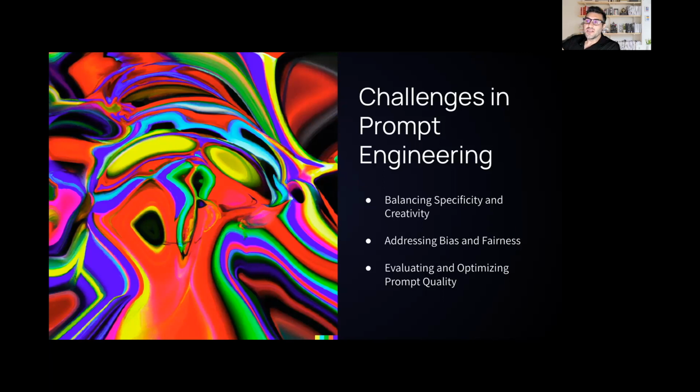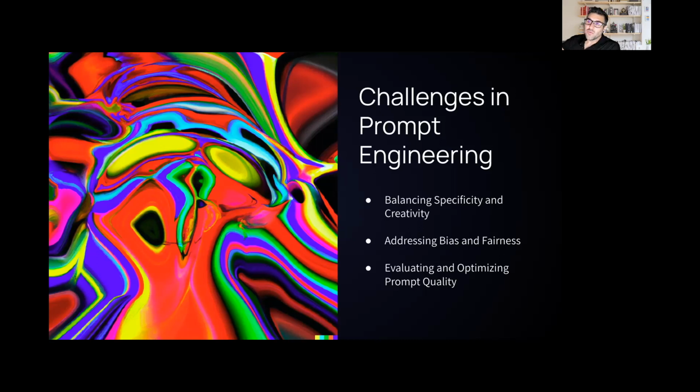Also, the challenge is addressing biases and fairness. Remember, ChatGPT is trained on a large amount of internet data, and internet data is not perfect. So there will be biases, unfairness, a lot of errors, factual errors, and hallucinations, as we call them.